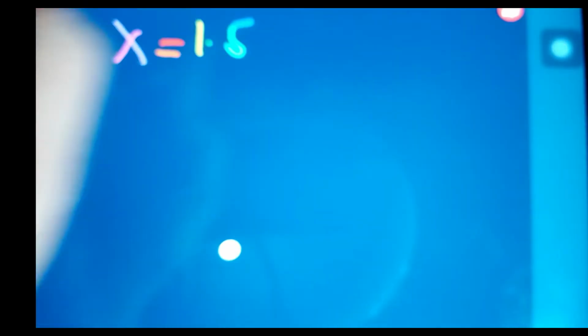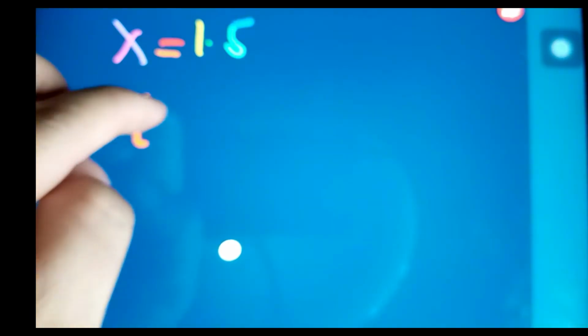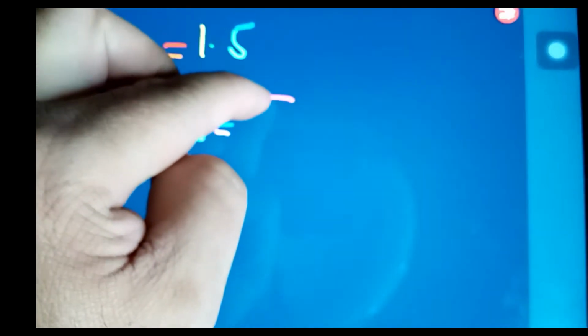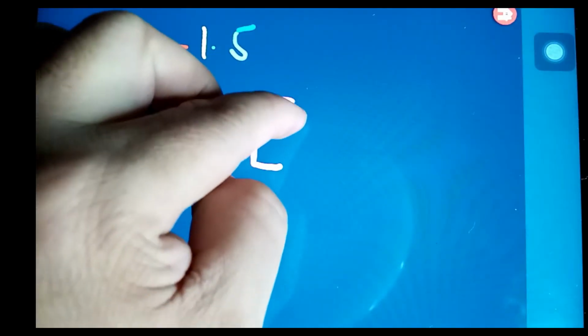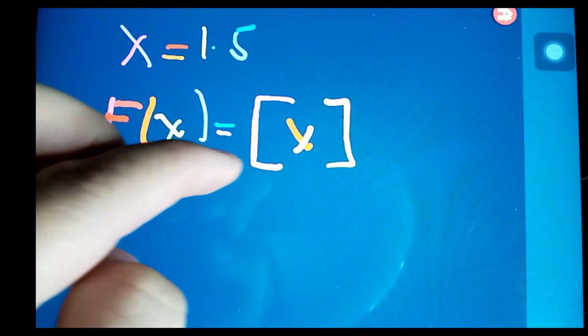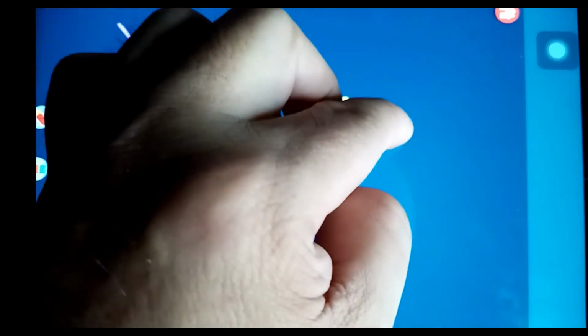We have the given function capital F of x equals greatest integer x plus 3.